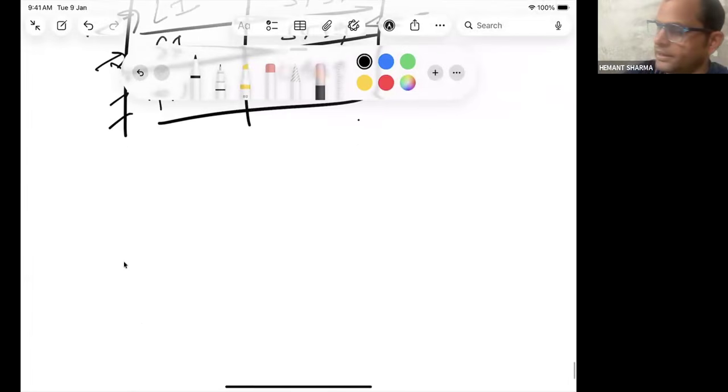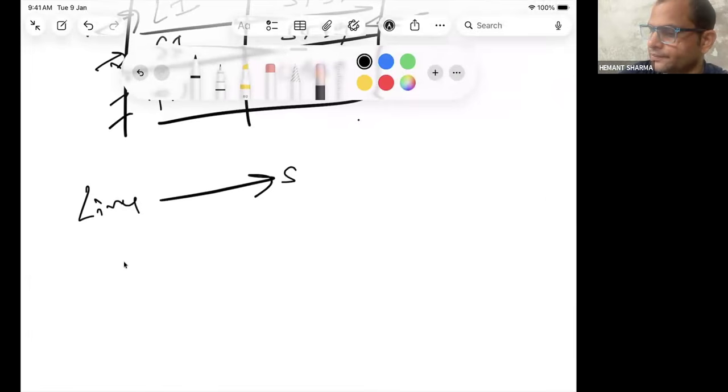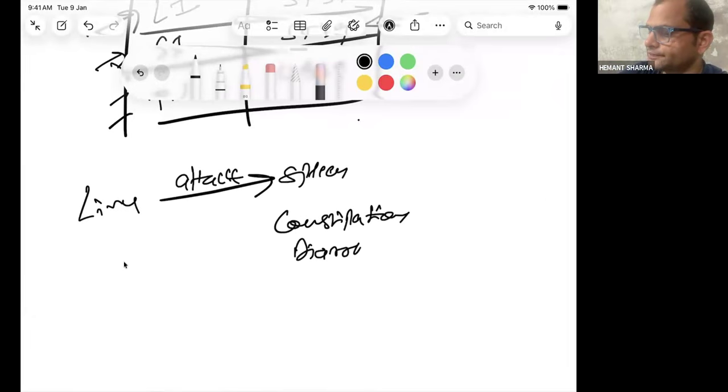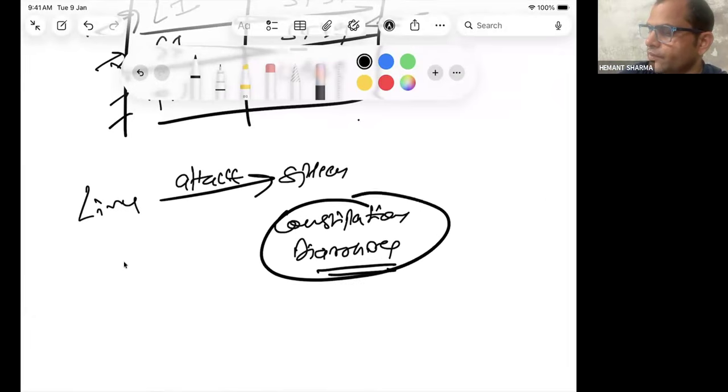Here, when the liver is attacking the spleen, invading the spleen, person is getting sometimes constipation and sometimes diarrhea. ये alternate होता है। अगर किसी की स्प्लीन कमजोर है तो डायरिया होगा.